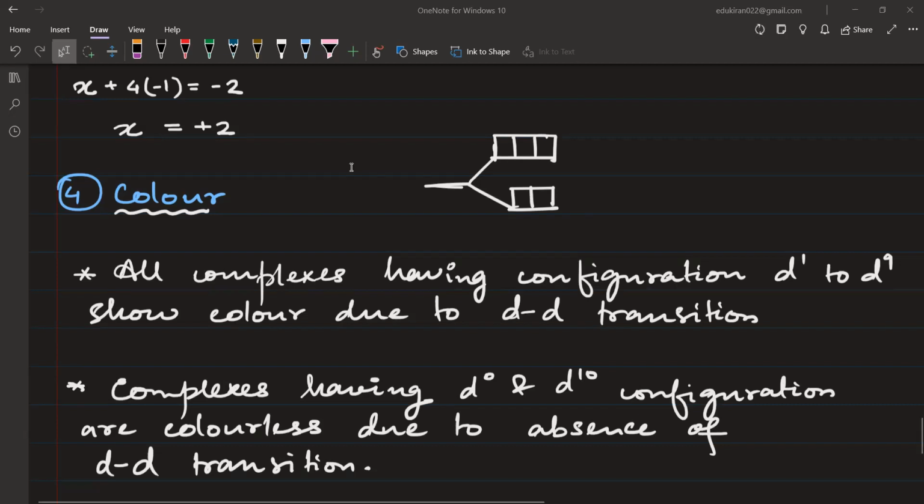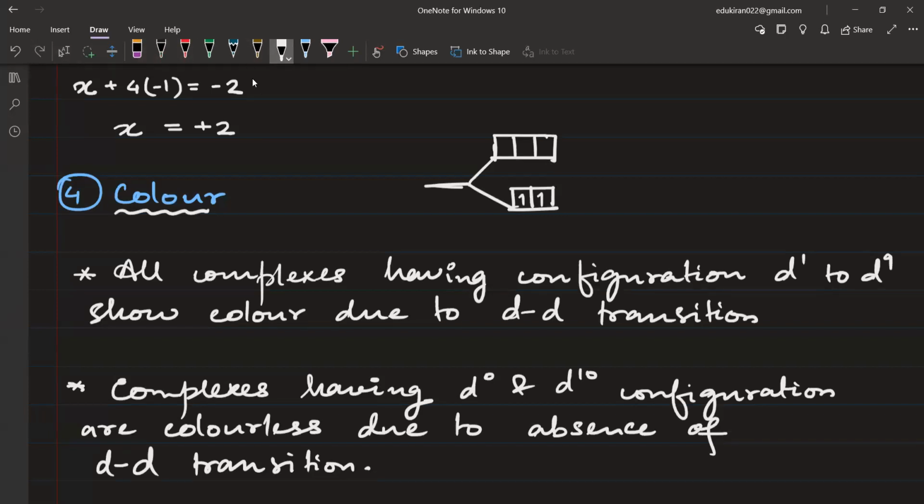Can you see any color if you turn off the light? No, right? So light is an important thing for color. Whenever light strikes, there are some electrons here, and they jump up to the higher energy level, and then again they fall back.